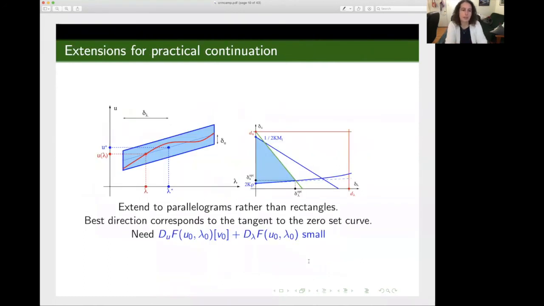So we've extended this for practical continuation to a slanted box. When we extend it to a slanted box, what happens is you have to worry about, so the slanted box, the design is so that the slant of the box is given by the derivative of the curve at that point. And it's more natural to be doing this because this is a more accurate approximation of your curve.